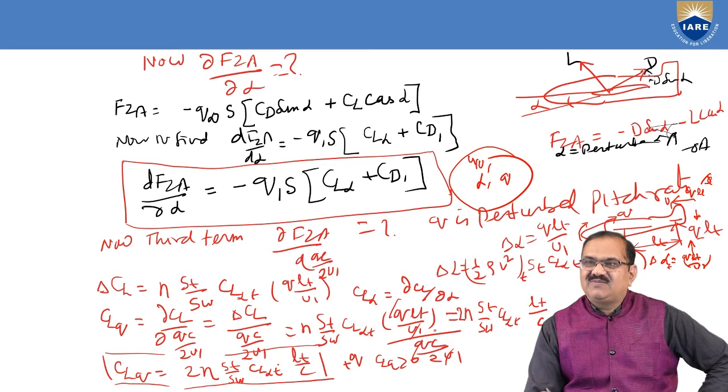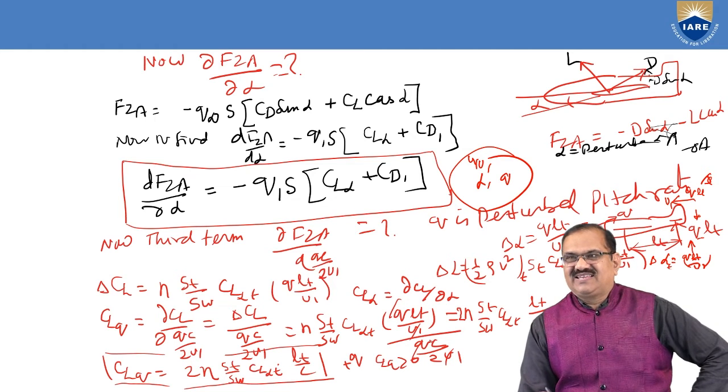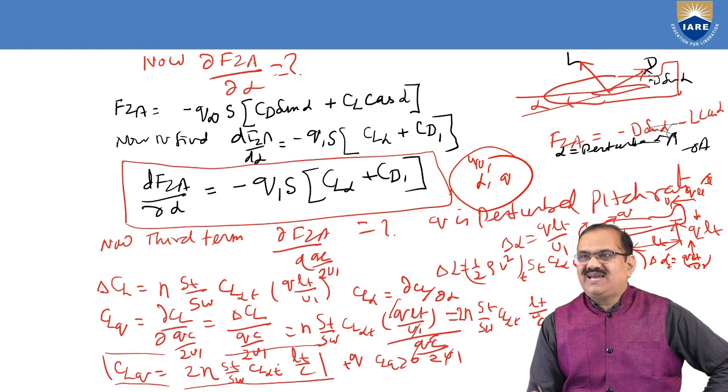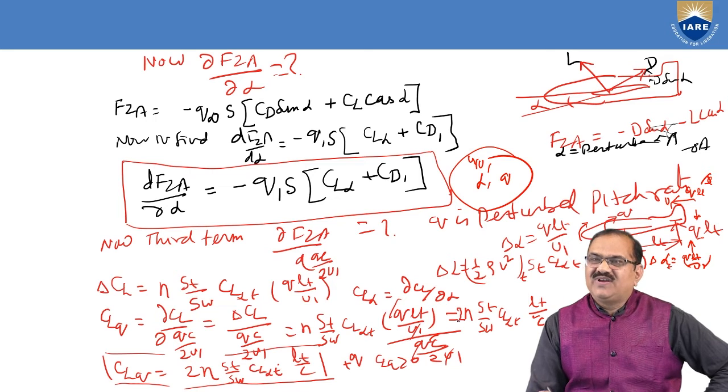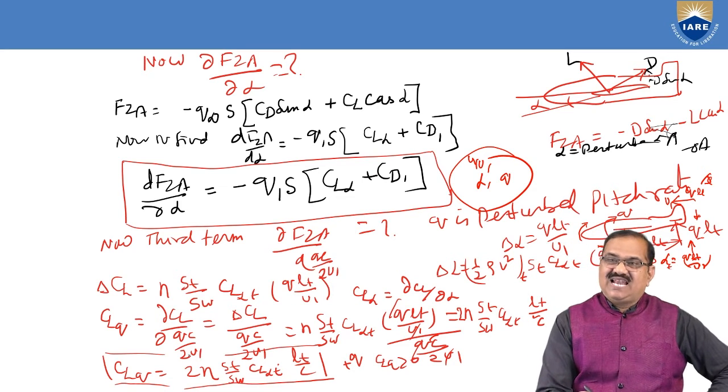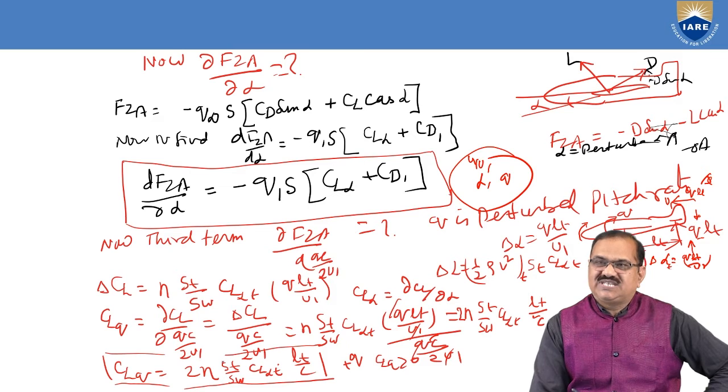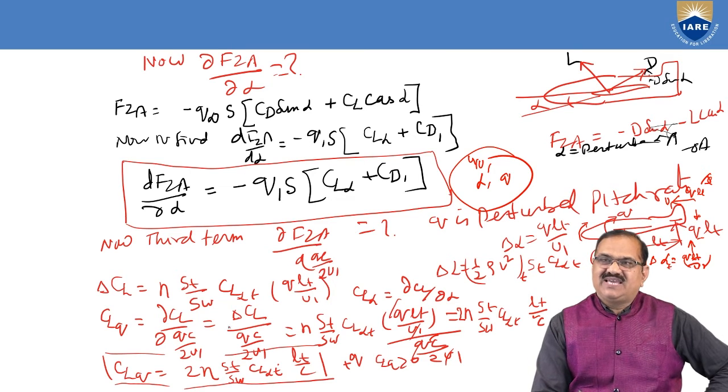Here you will get lt by c bar, with the 2. So we get 2η (St/Sw) CLαt into lt/c bar. So CLq is equal to 2η (St/Sw) CLαt into lt/c bar.